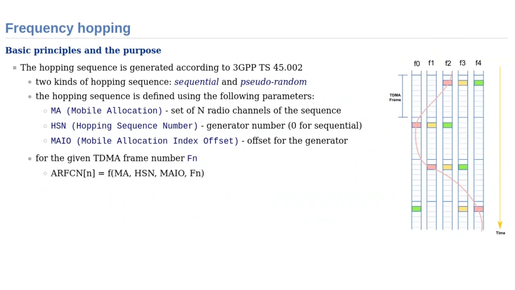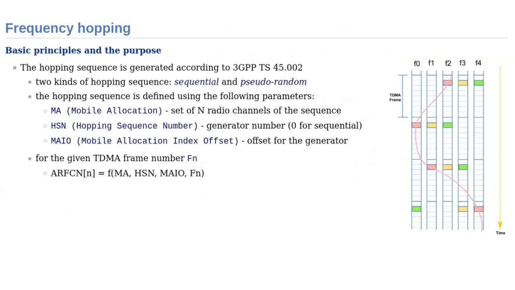One of them is the mobile allocation index offset. Another is the mobile allocation, a set of channels where you are transmitting. And the hopping sequence number defines the type of hopping sequence generation: if it's 0, it's sequential, and otherwise it's pseudo-random. With the mobile allocation index offset, you can shift the algorithm so it doesn't clash with other time slots or other hopping time slots.